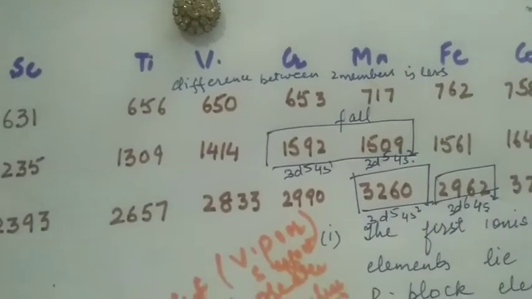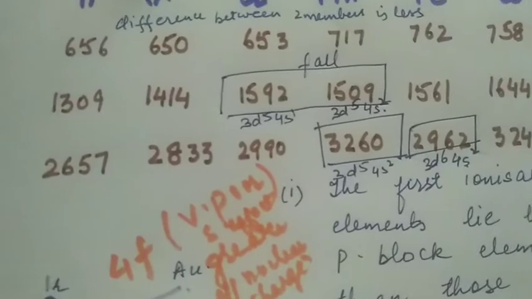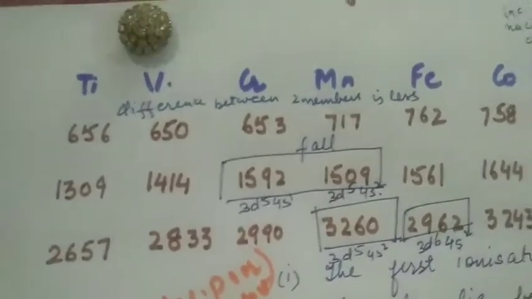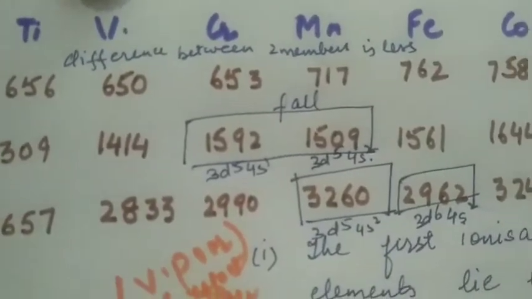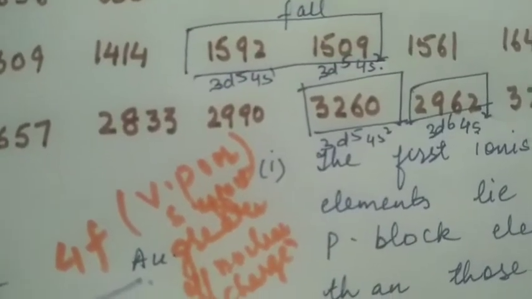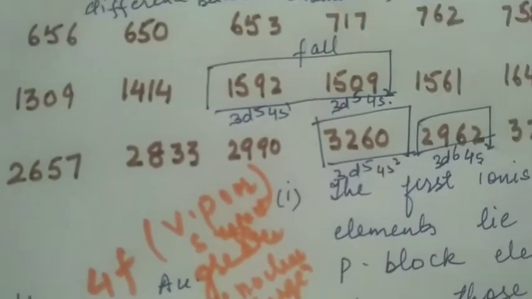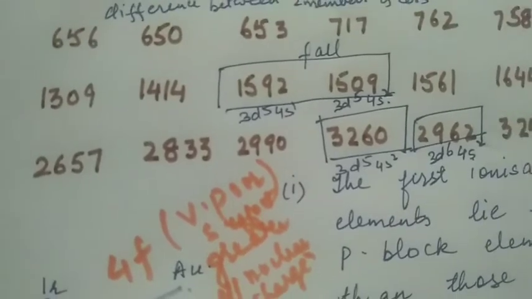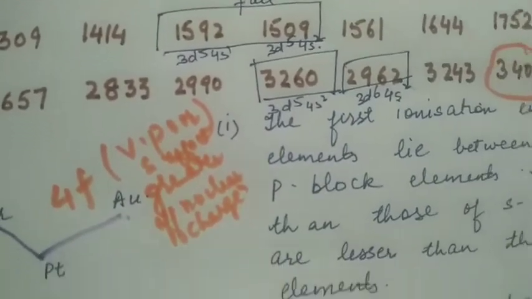It does not want to lose its stable configuration. But in case of manganese, after the loss of the second electron, the configuration will become stable 3d5, so it is very easily lost. That's why the second ionization enthalpy value is lower for manganese.